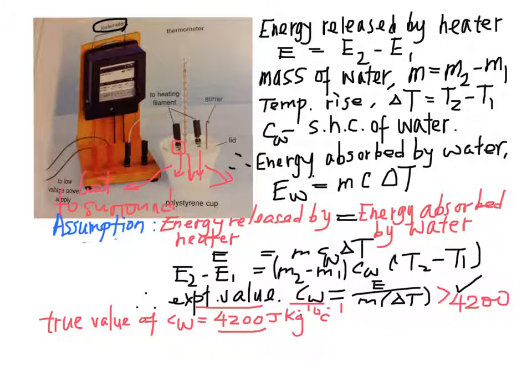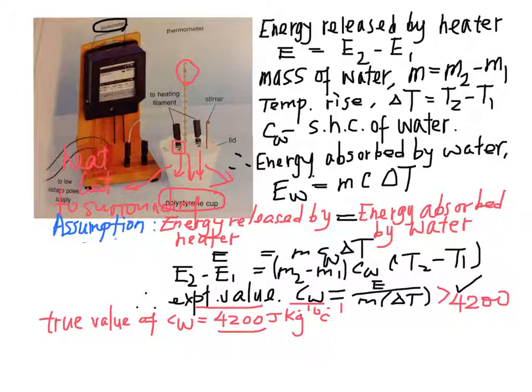We say heat loss to the surrounding, due to temperature difference. Also, some energy will be absorbed by the polyethylene cup. The cup will also absorb heat energy. And the thermometer? It will also absorb energy.